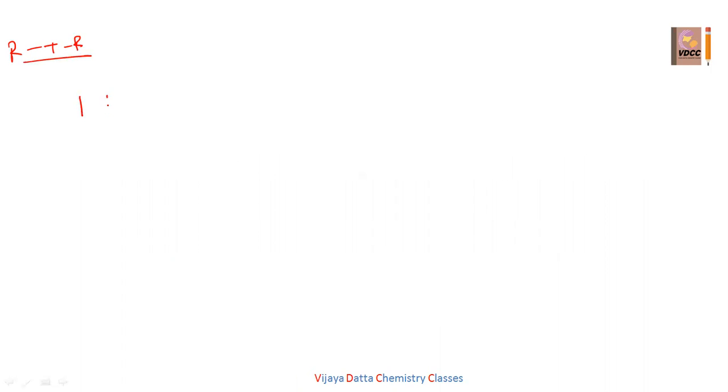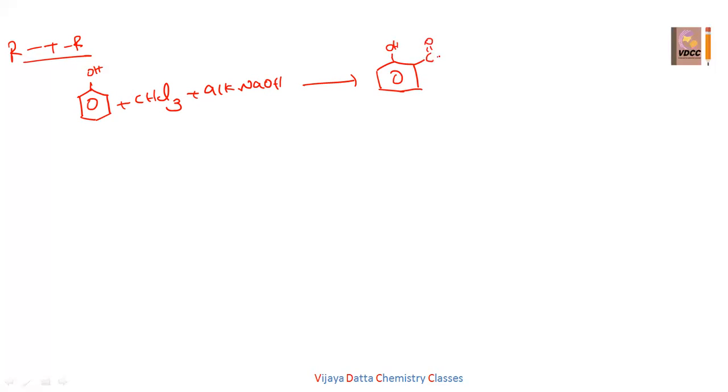Now, I am taking the phenol. Phenol reacts with chloroform, that means CHCl3, in the presence of alkaline NaOH, and it gives you two products. The two products are phenol with CHO at the ortho position.